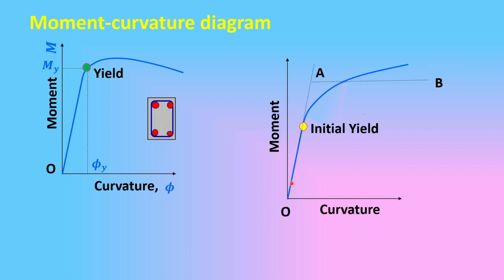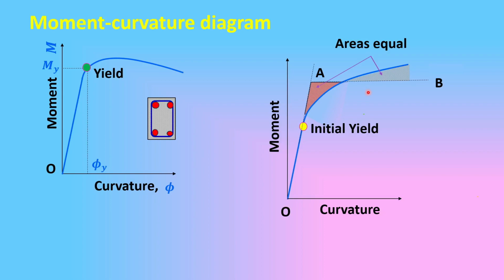So what you do to get the actual yield of the system, which is a consensus amongst the engineers: you draw a line OA tangential to the original moment curvature line, and draw another line AB horizontal in such a way that the area above this line and the area below the line are equal. These two areas are equal.